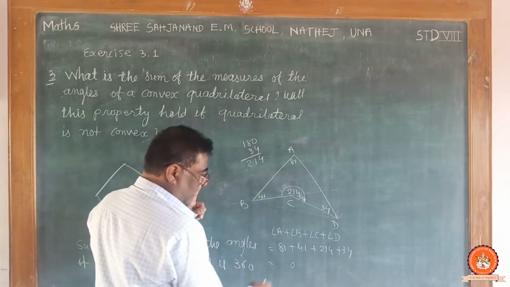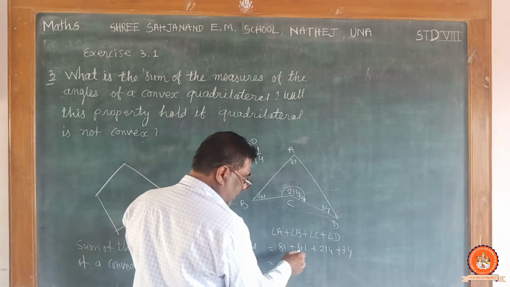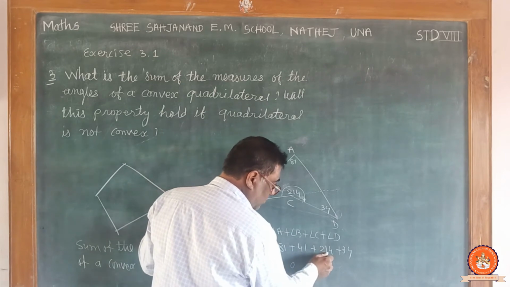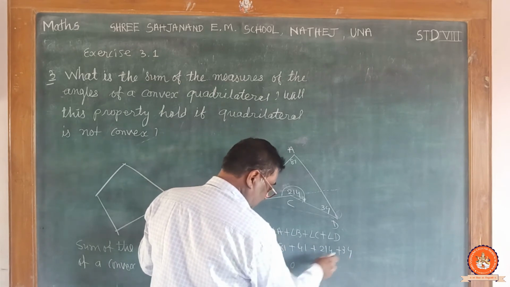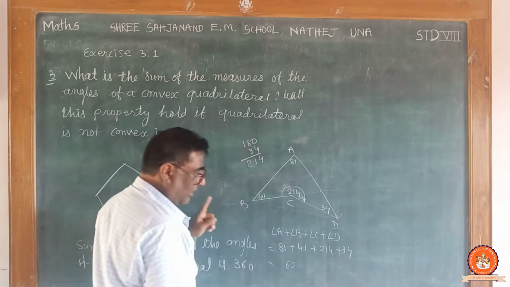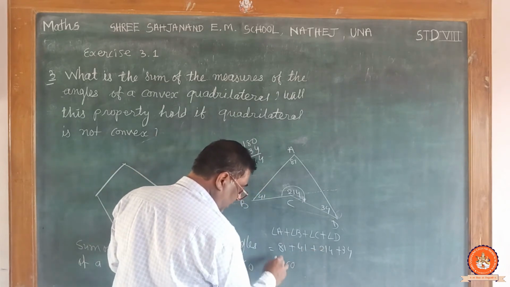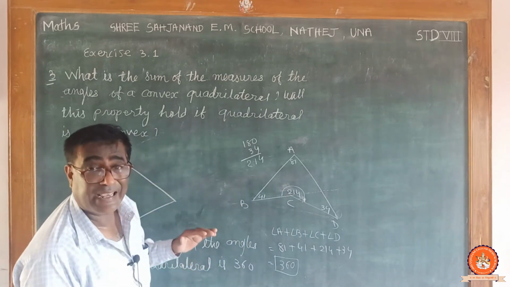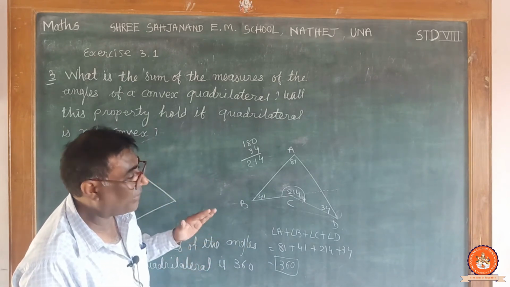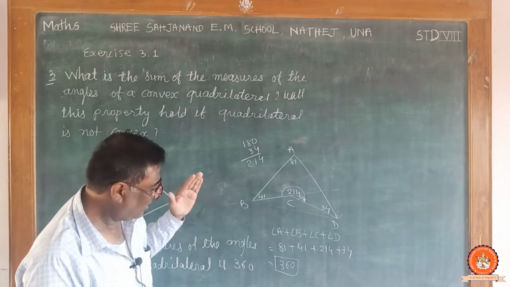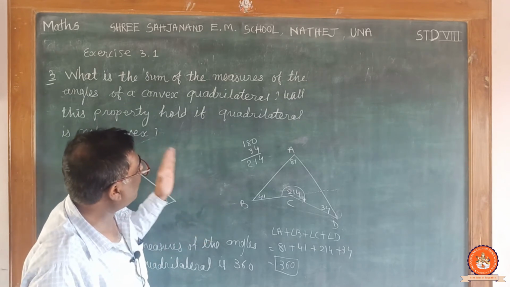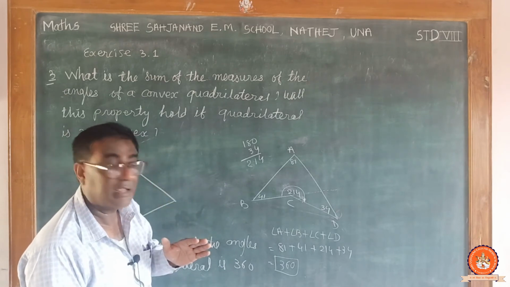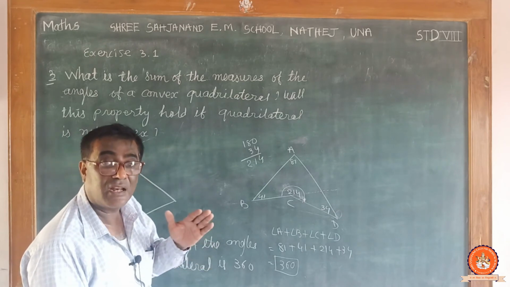Remainder 1, 1 and 8 is 9, 9 and 3 is 12, 12 and 1 is 13, 13 and 3 is 16. Remainder 1 plus 2 is equal to 3. Yes, my friend. The sum of the measures of the angles in a non-convex quadrilateral is also 360. So this property is correct for convex and non-convex quadrilaterals.